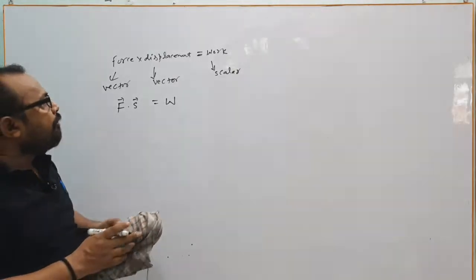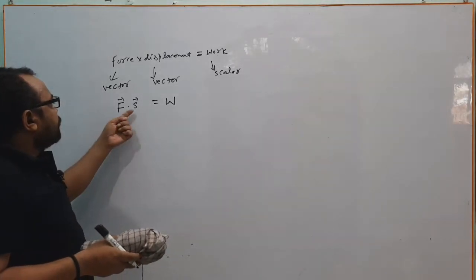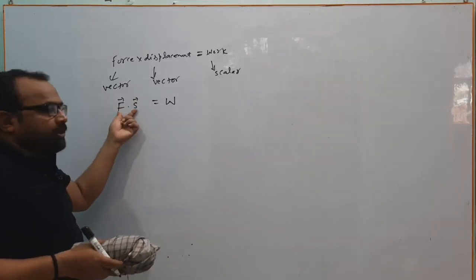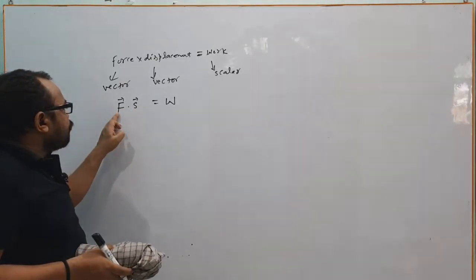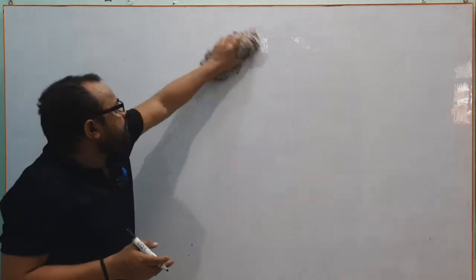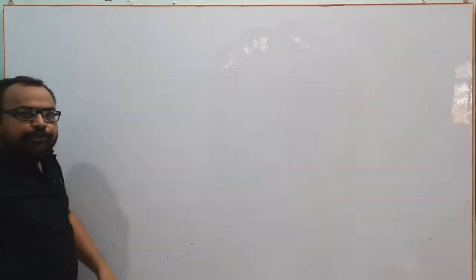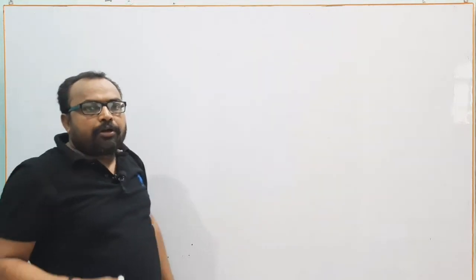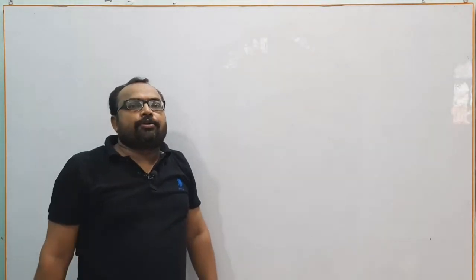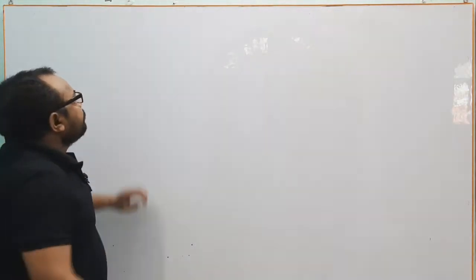Now we will define what will be the result of dot product of two vectors if the angle between these two vectors is given. So students, what is dot product? What is the formula of dot product of two vectors or scalar product of two vectors? We will learn about this.